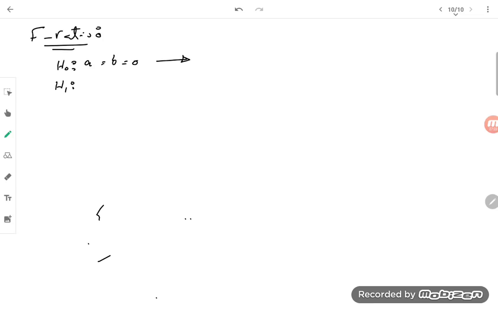So this means that the model is insignificant. Not only a single parameter or variable just like t, it is for the whole model. And H1, A not equal 0, B not equal 0, which means significant.